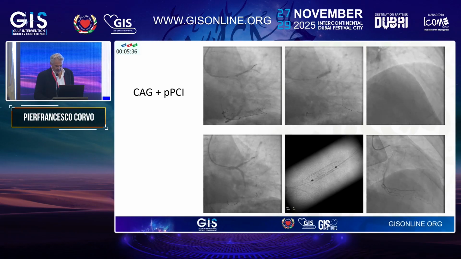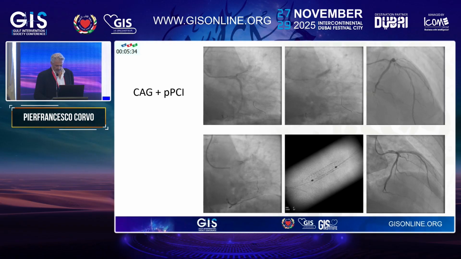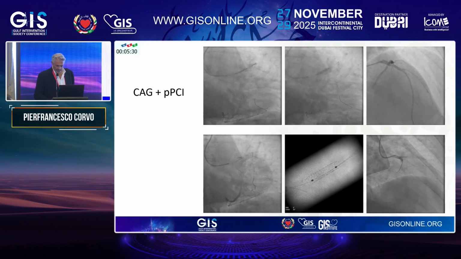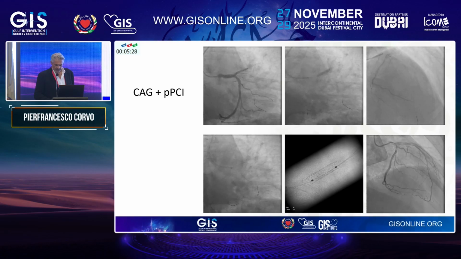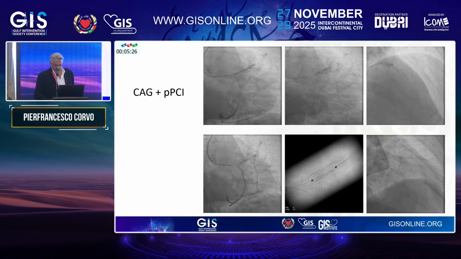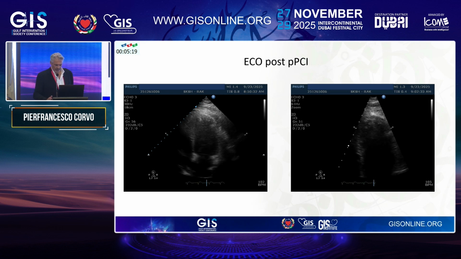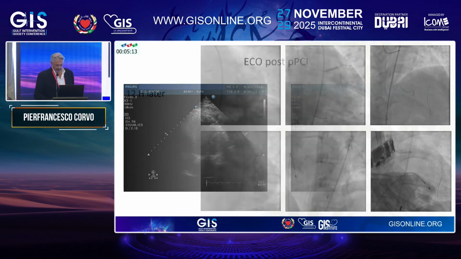We checked the expansion of the stent with the StentBoost tool that I think everyone is using. The final result was relatively good. The patient was then transferred to ICU. The echo showed good performance of the left ventricle with no important impairment.